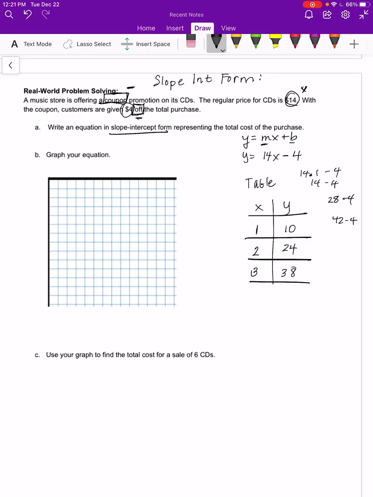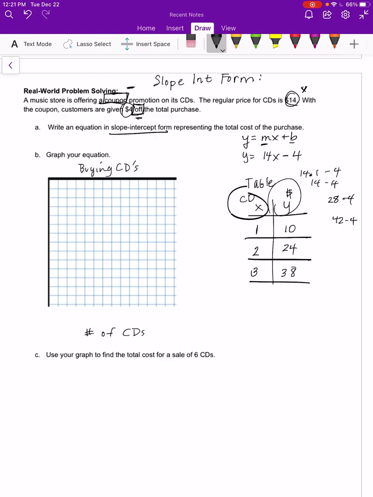So X referred to CDs, Y referred to total purchase, your money. So you need to have a title. So buying CDs. The X is right here, so this is the number of CDs. Always need labels, always, always, always. Y is your money.